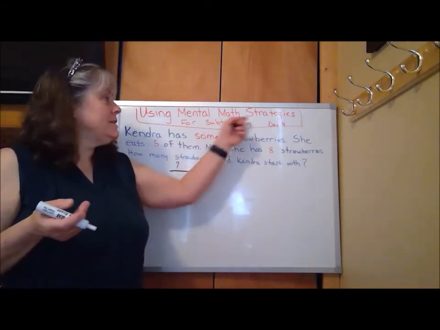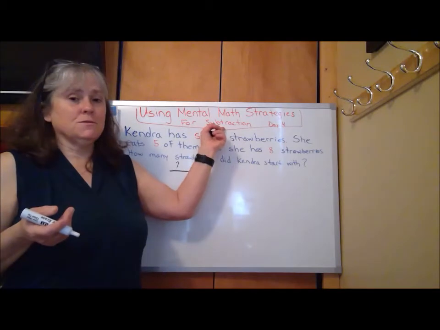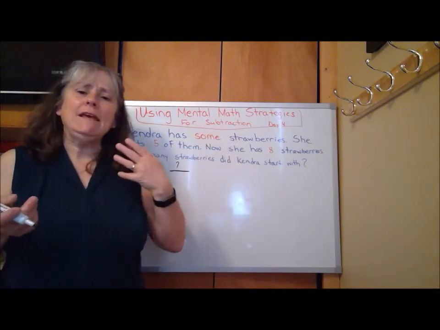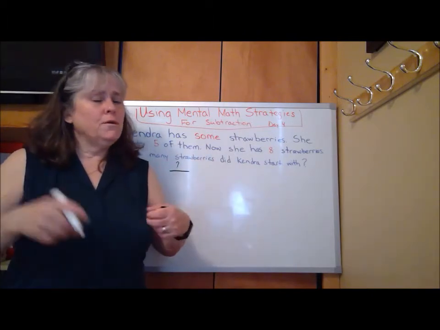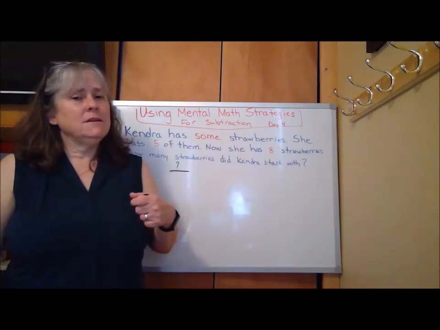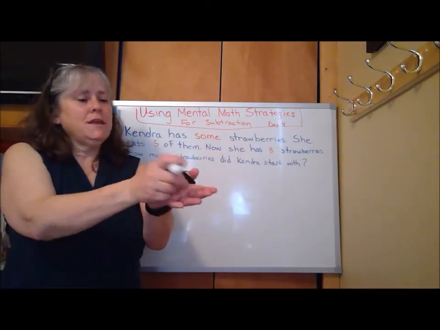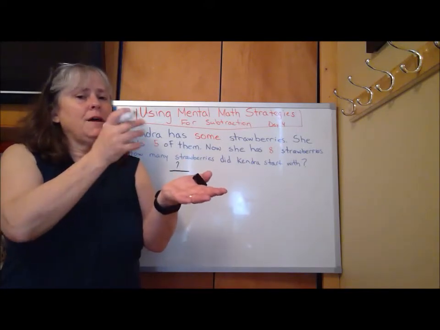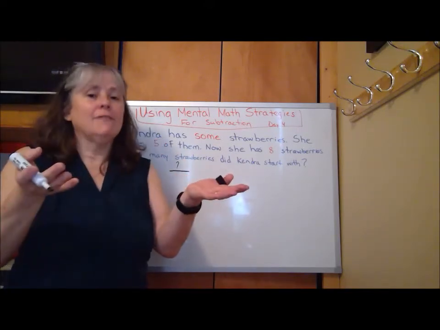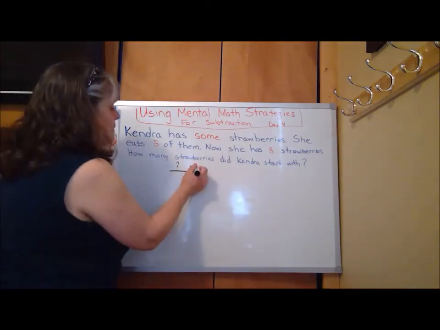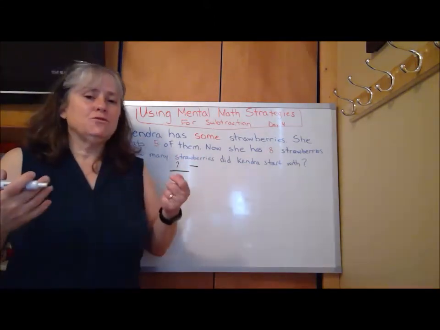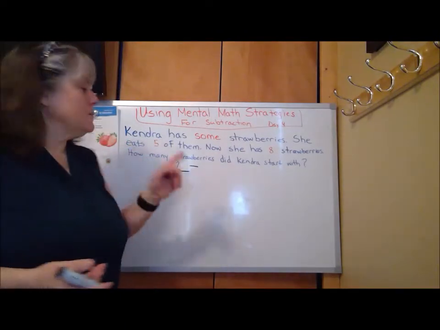So even if I didn't tell you in my directions that this was subtraction, if I'm going to eat 5 of them, does that mean that I'm going to get more or that I'm going to have less? So if I give you some strawberries and then I eat some of them, are you going to have more or less? You're going to have less because you're going to eat some of them. So we're going to subtract.